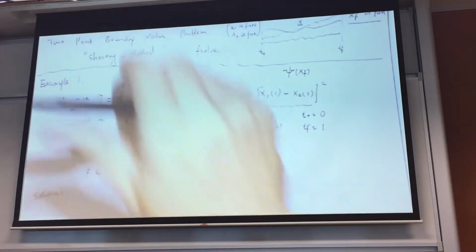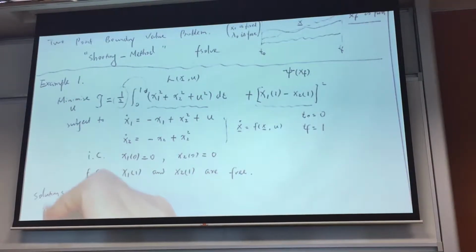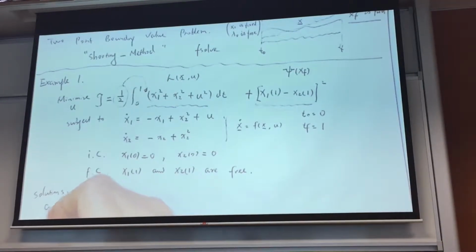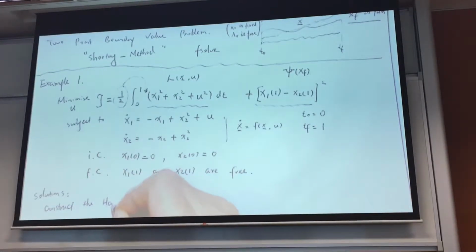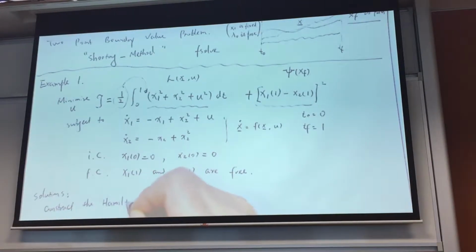Firstly, we have to construct the Hamiltonian. Remember the Hamiltonian H is defined by L plus lambda transpose f.